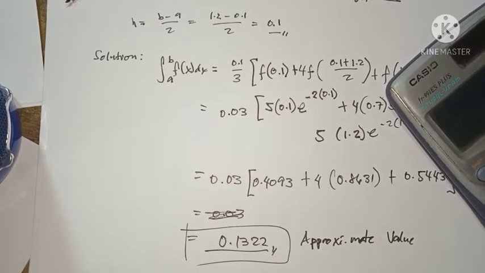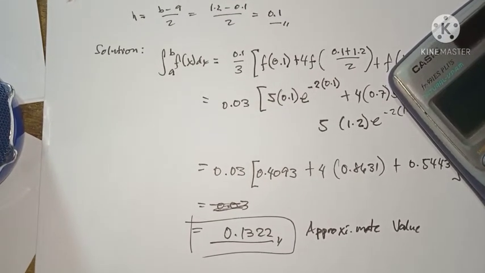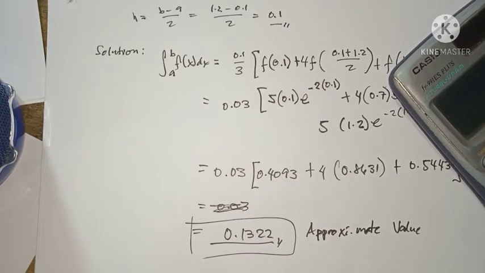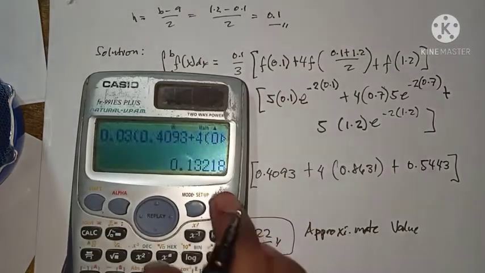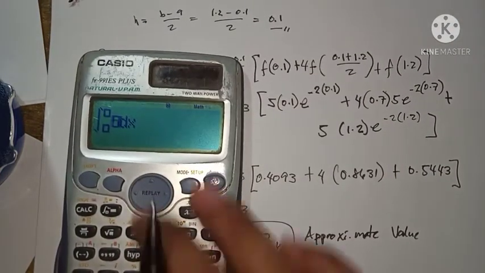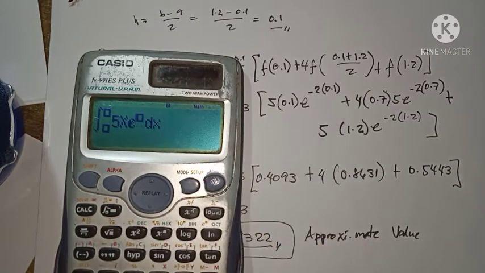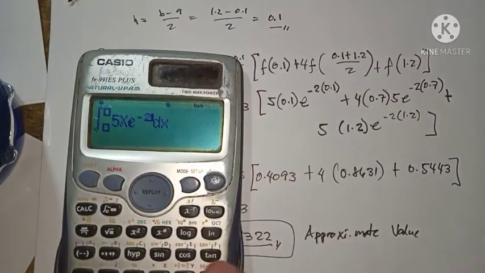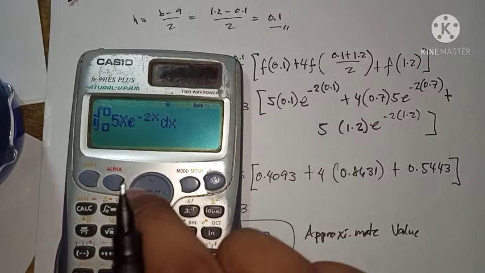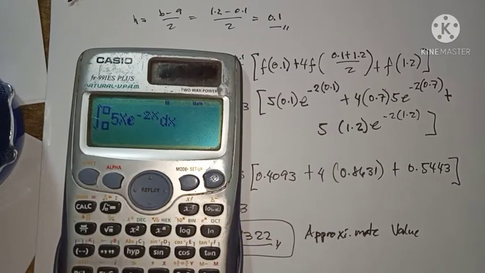Now to find the exact value, the integral from 0.1 to 1.2 of 5x e raised to negative 2x dx is equal to the integral of 5x e raised to negative 2x with the upper limit of 1.2 and lower limit of 0.1.